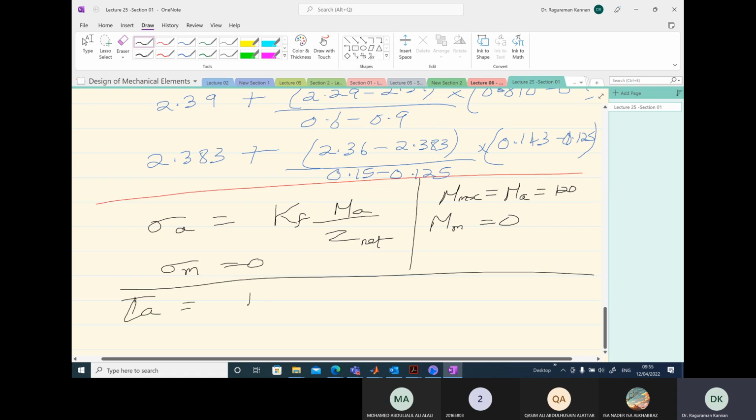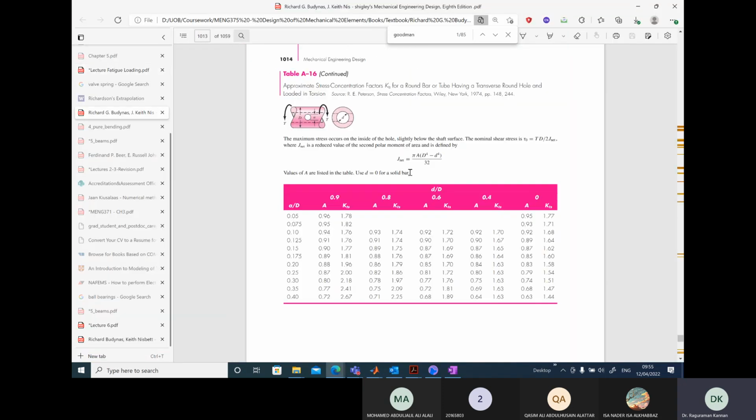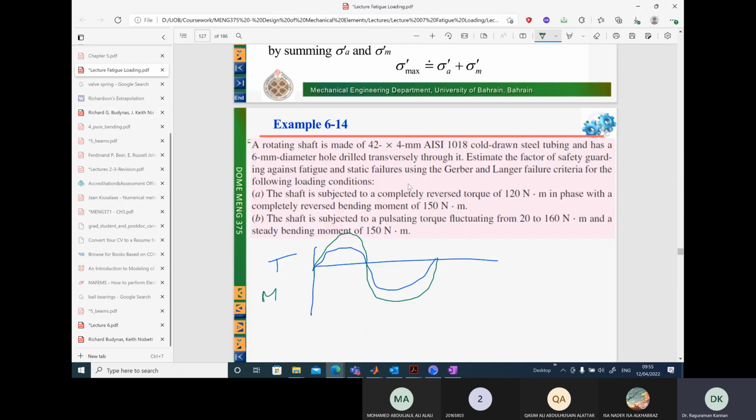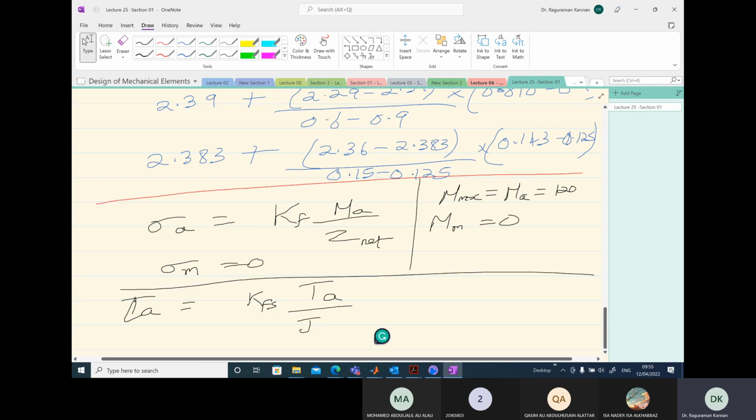We can calculate in the same way for torsion. Tau A should be equal to Kfs Ta over J net times C. Let's see, we calculate from the value given here. This is the J net value. The C will be 42 over 2. Diameter, external diameter is 42. 42 over 2 will be the C value.